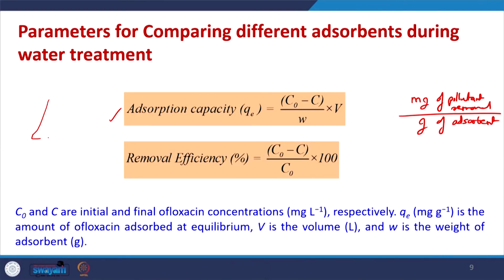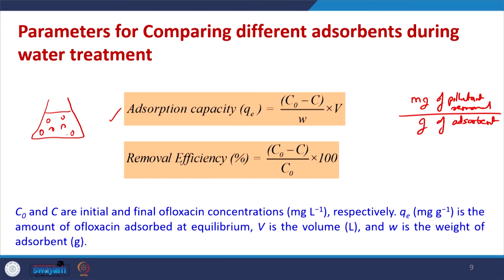We can take the water to be treated in a simple beaker, containing that particular compound or undesirable compounds, and in that water we mix a certain amount of adsorbent.